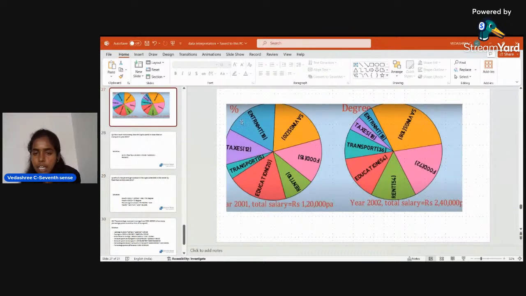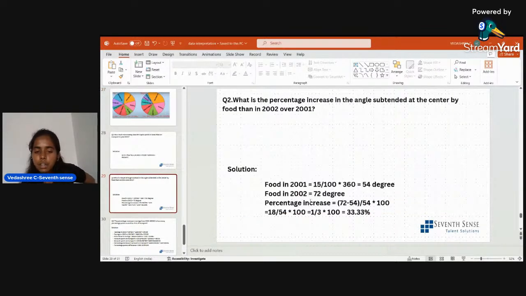This is percentage and this is degree, right? The 2002 value is already in degrees, so no need to convert it. Food in 2001 is 15 percentage, which we converted into degrees, and food in 2002 is 72 degrees.